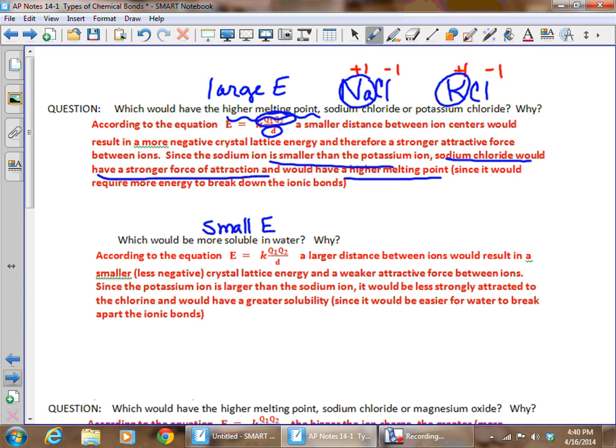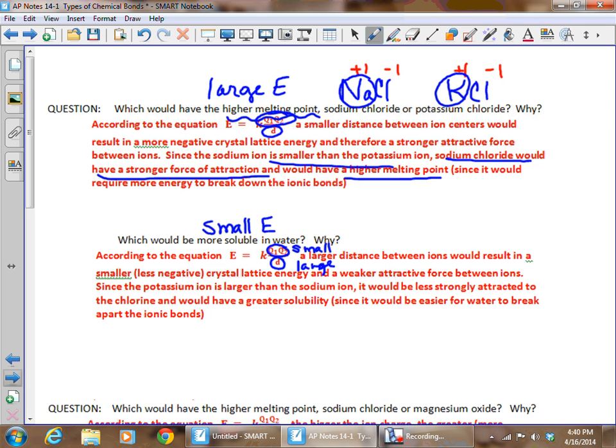Now, if we want a small crystal lattice energy, then we want one of two things. We want either a small charge, or we want the distance to be large. We've already established that for potassium chloride and sodium chloride, the charges are the same, so that's not going to help us out any, so we're looking at distance.